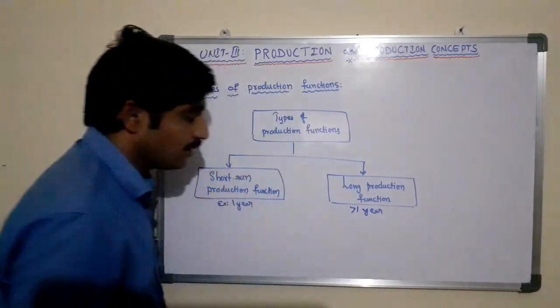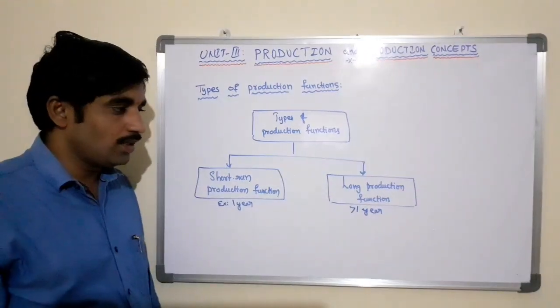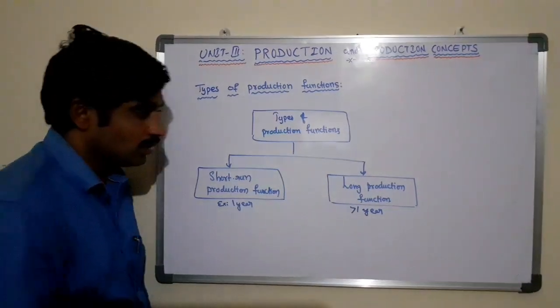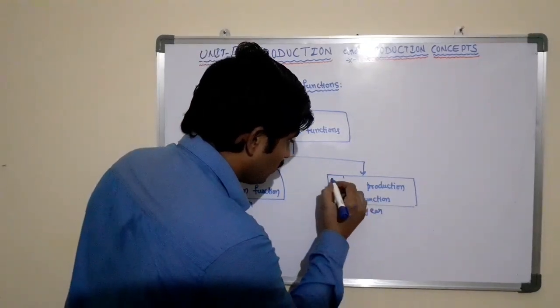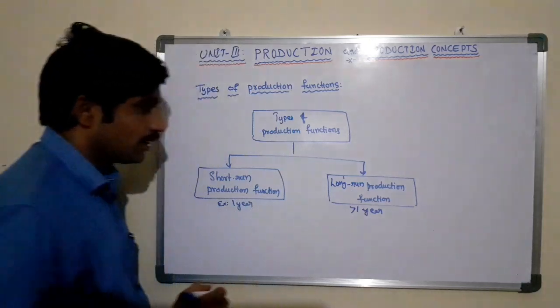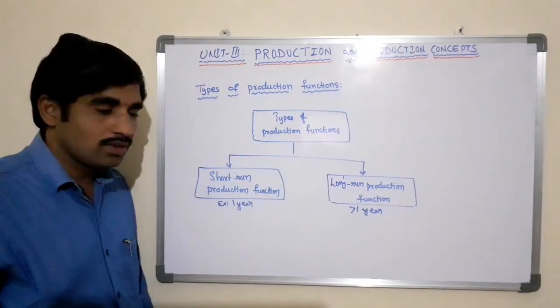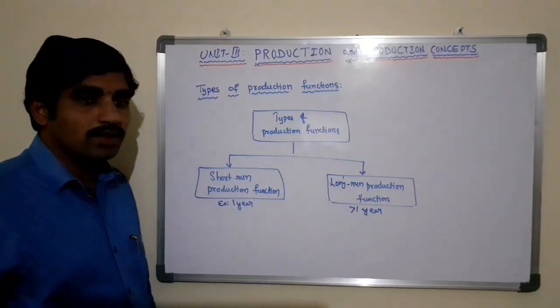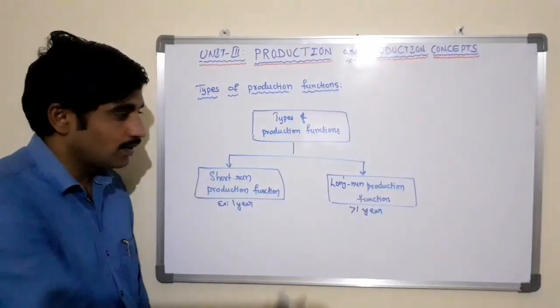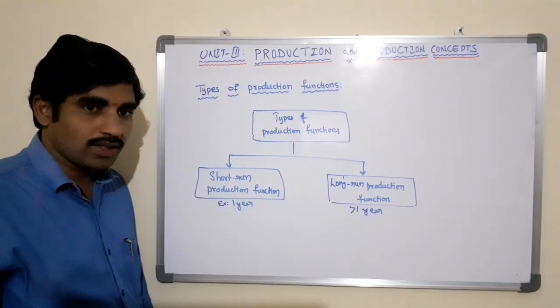The production that we are going to conduct after 1 year for more than 1 year is said to be the long run production function. So the long run production function means the production that we are conducting for the period more than 1 year is known as long run production, and the production function that we are using for this long run production is known as long run production function.